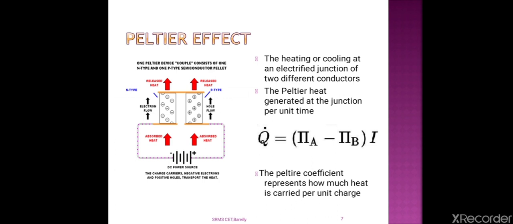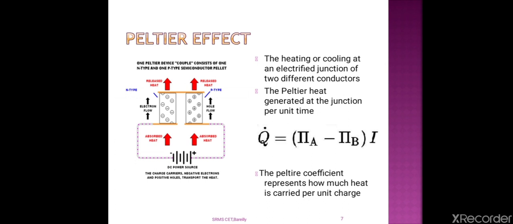As we had taken two dissimilar materials, the amount of heat, and this is over and above Joule heating, because whenever you have a current flow, you will have Joule heating, but there is an amount of heat over and above Joule heat, which has to be removed or absorbed at the junction to keep them at the same temperature, at constant temperature, and this additional heat which is to be removed over and above Joule heat is known as Peltier heat and is given in this expression.